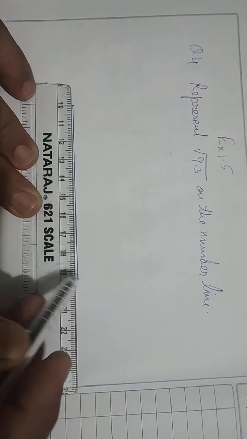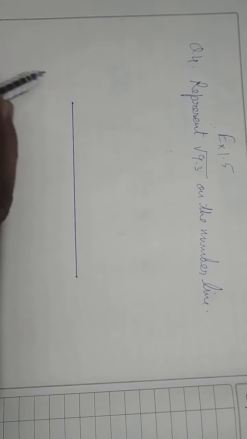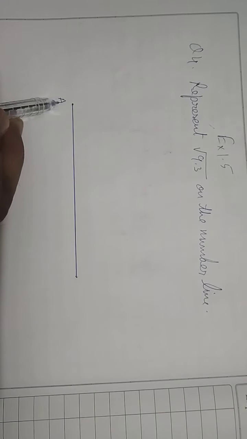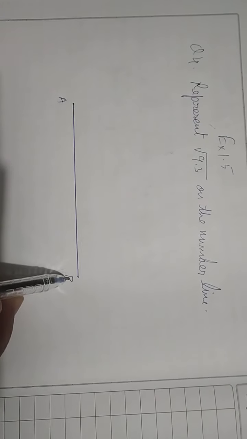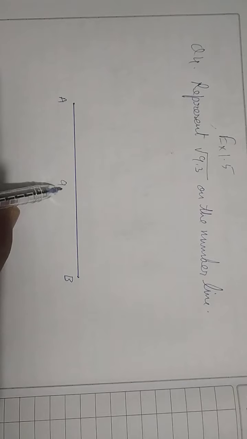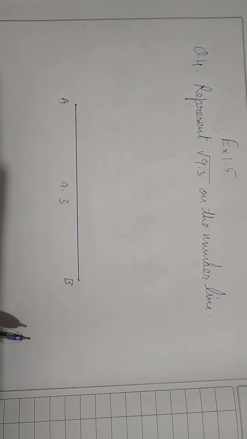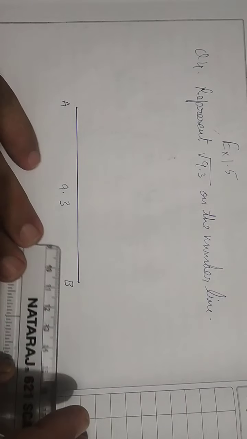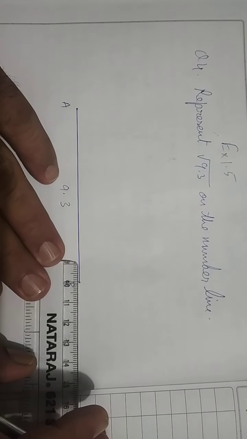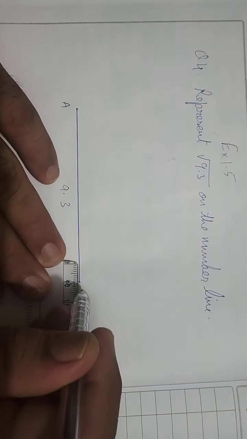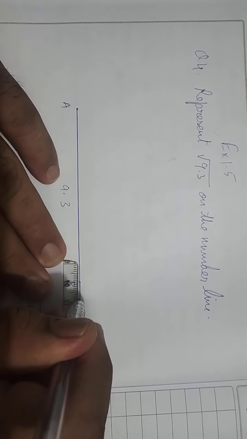Now let this length be AB. This AB is 9.3. After this, you have to produce this point B to say point C by 1 centimeter.